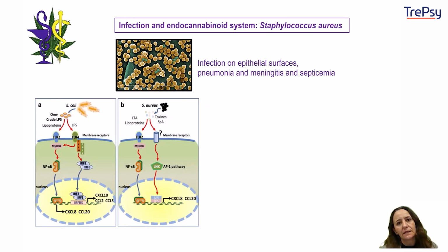So, an example of infection is Staphylococcus aureus. It's an infection of epithelial surfaces that can give rise to pneumonia, meningitis and septicemia. As you can see here, the pathways activated by the toxins of Staphylococcus lead to production of cytokines and inflammatory responses.